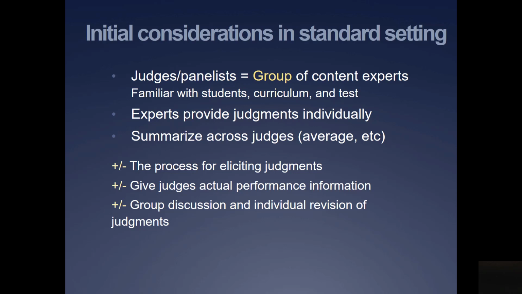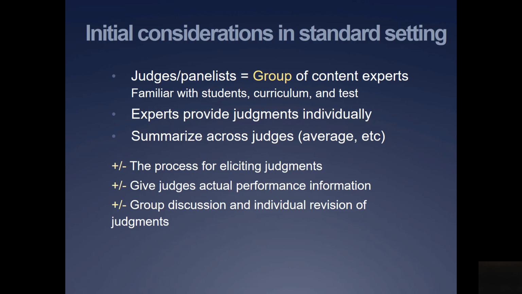We need to select panelists who are familiar with the students, the curriculum, and the test. Because these experts are providing judgments individually, we take their scores individually and summarize them across the other judges, typically with an average. This process is used for eliciting judgments, and sometimes, not in every situation, it gives judges performance information.